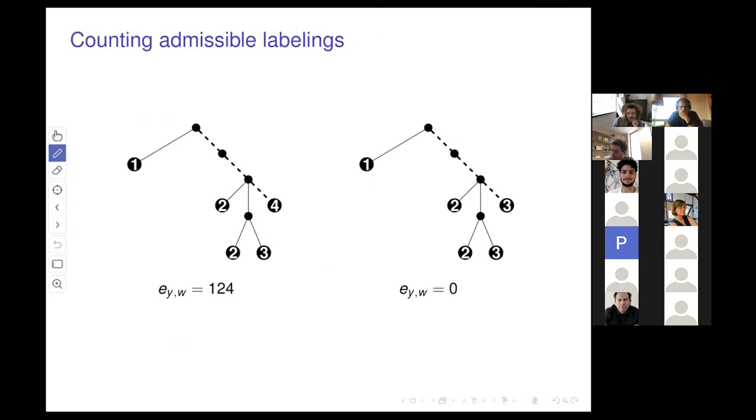So again, I have 2 examples, but in the interest of time, I'll let you have fun with this. And maybe just explain why the diagram on the right cannot possibly have any admissible labels.